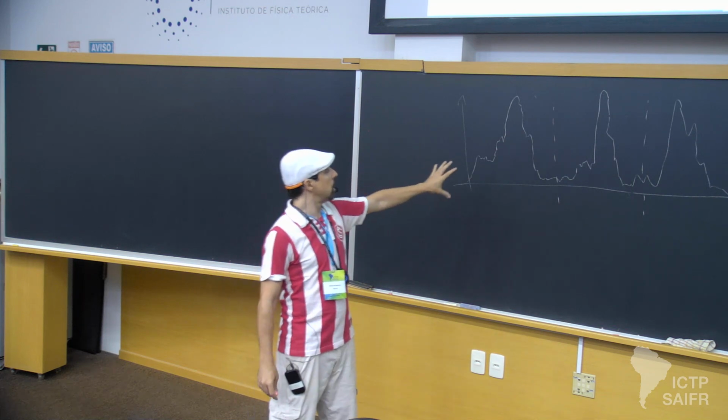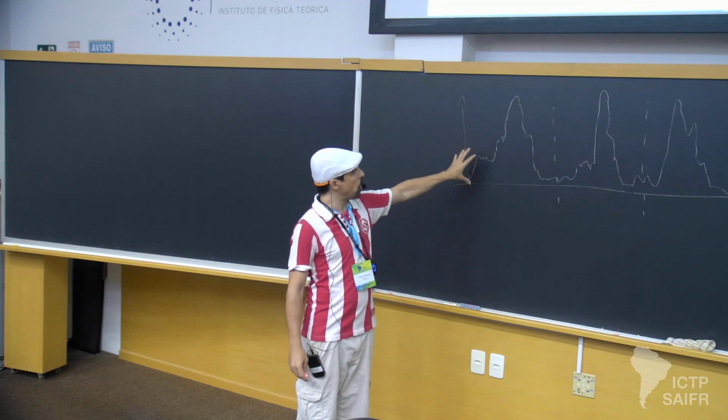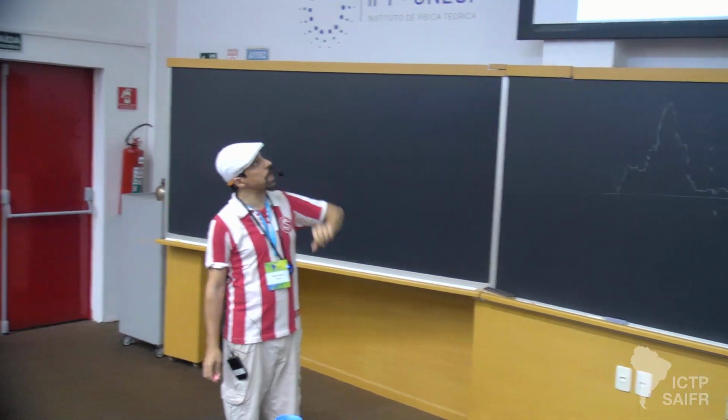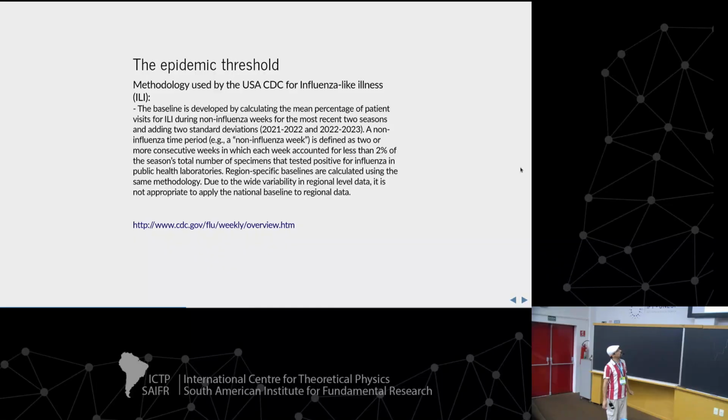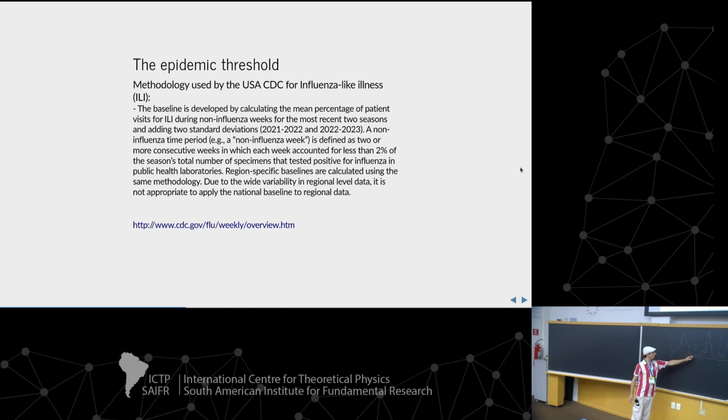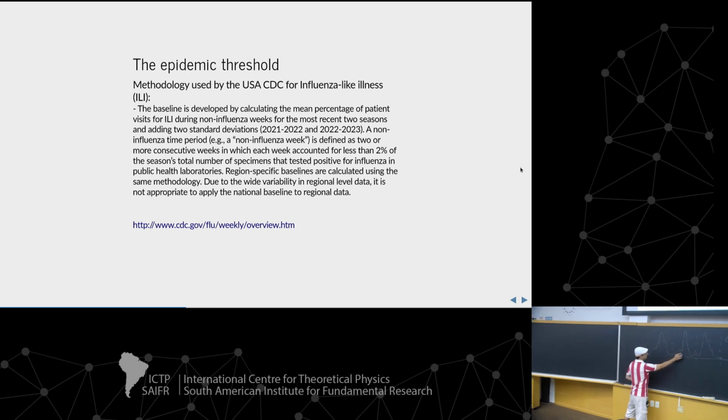So basically, try to identify what is baseline and what is not baseline, looking at the percentage of patient visits, with respect at each given week, the number of cases, how it compares to the percentage of total cases over a season. Okay, so I have the total number of cases for each of those seasons.